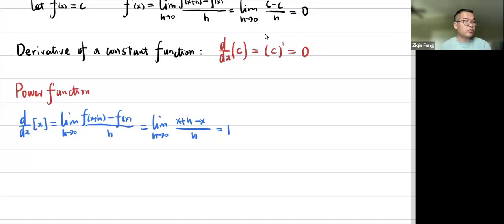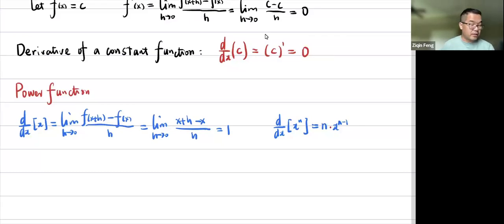I can try to do more. In general, d over dx of x to the n equals n times x to the n minus 1. This is true for any power, no matter whether that's an integer, rational, or irrational.